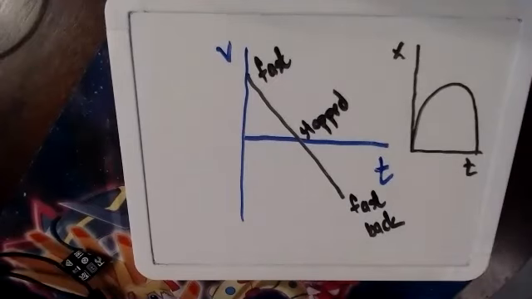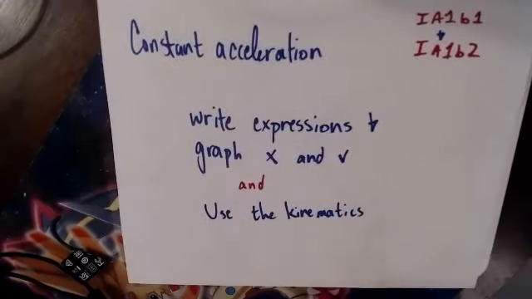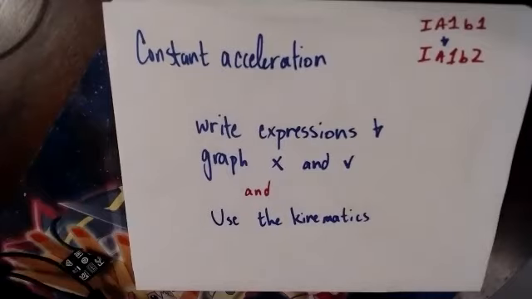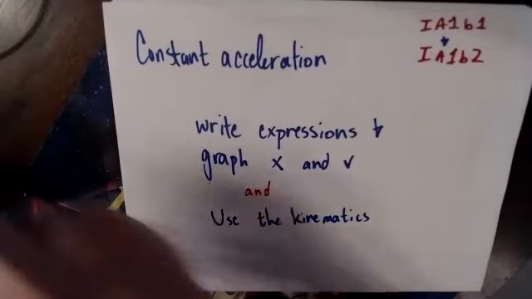But then we're dealing with only constant acceleration so far. So then we've got constant acceleration as right expressions, and then graph the position and velocities as a function of times, and then use the kinematics. So we could go through and derive them, but I've done that before.